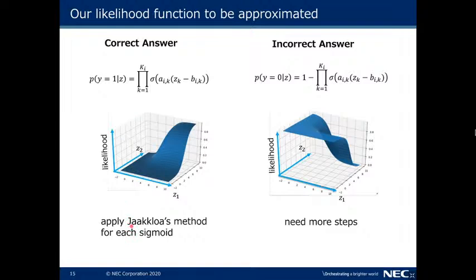So just applying Jaakkola's method to the sigmoid function gives us a local Gaussian approximation. So the correct answer case is very easy. And for the incorrect answer case, we need more steps.